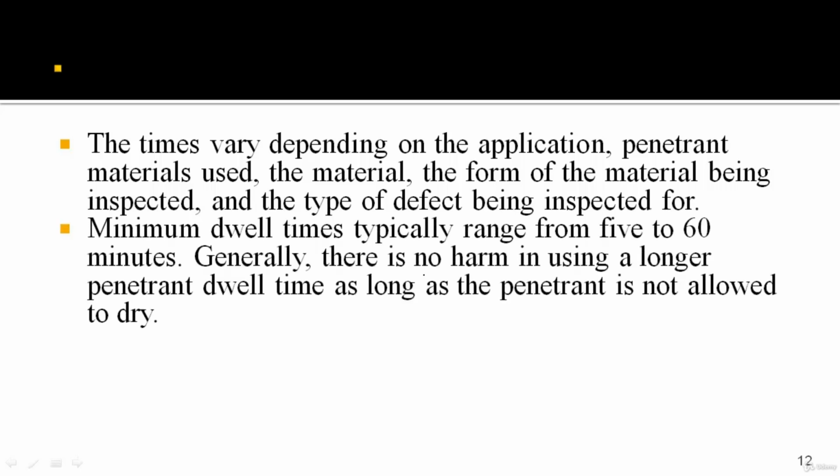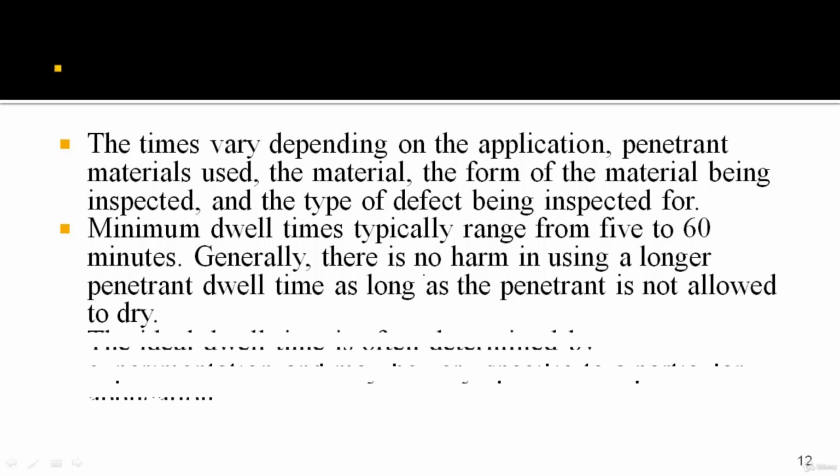Minimum dwell time typically ranges from 5 to 60 minutes. There is no harm in using a longer penetrant dwell time as long as the penetrant is not allowed to dry. If the penetrant is not dry, you can wait for some time, but make sure that before the penetrant dries, you have to remove the excess penetrant.